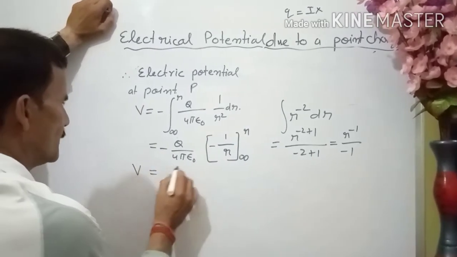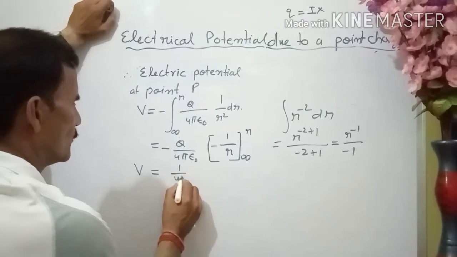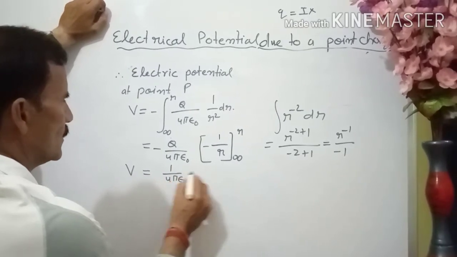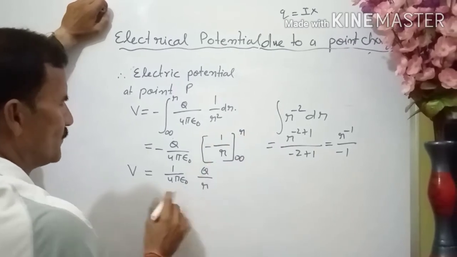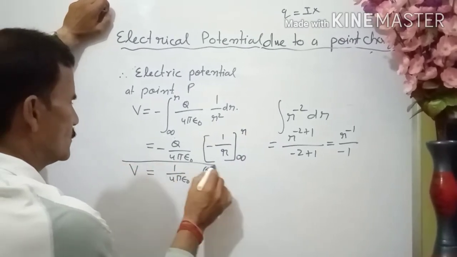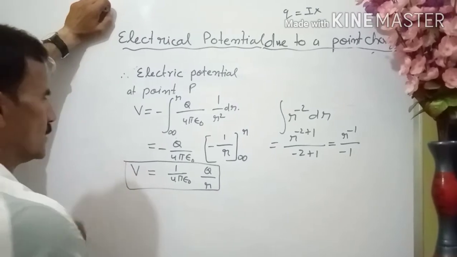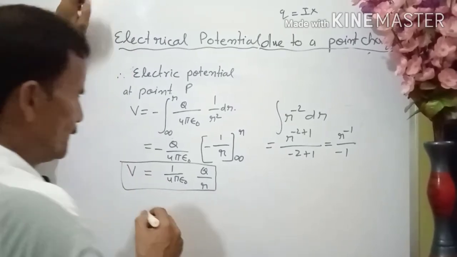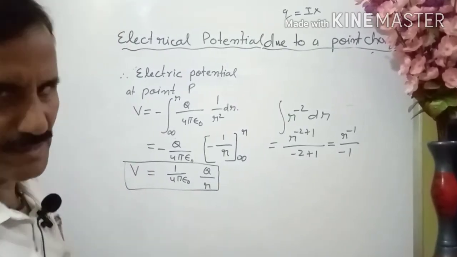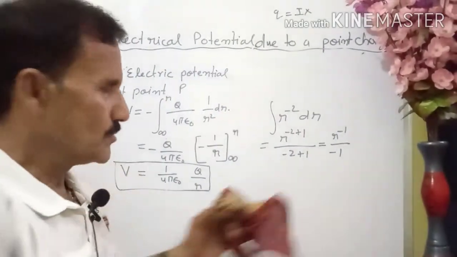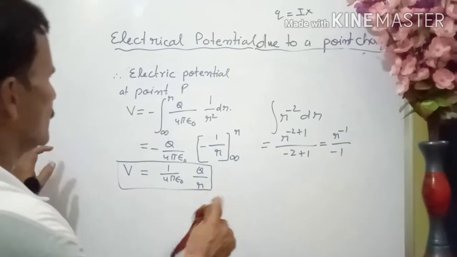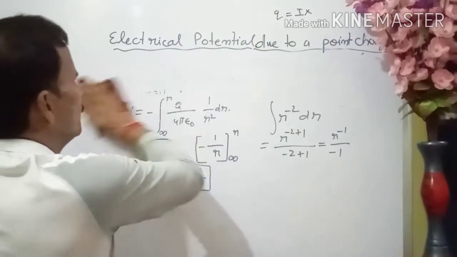So you are getting V is equal to 1 upon 4 pi epsilon naught Q upon R. This 1 upon infinity will be 0. So this is the electric potential due to a point charge at distance R.